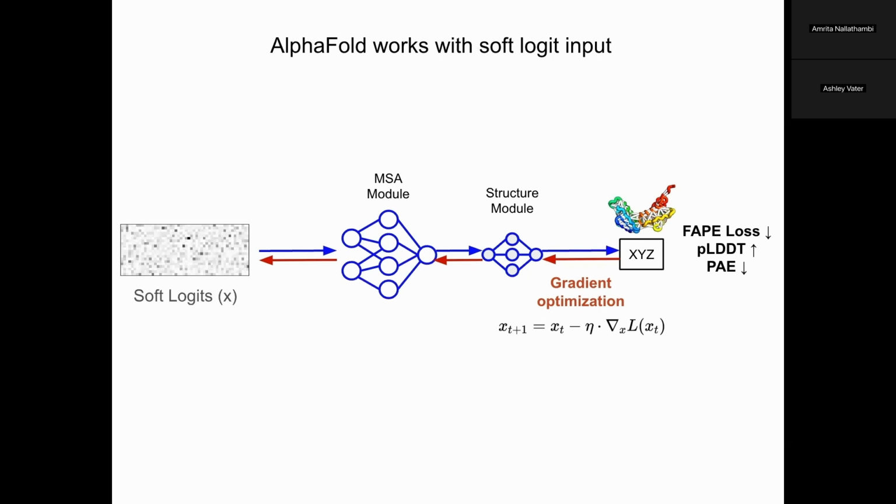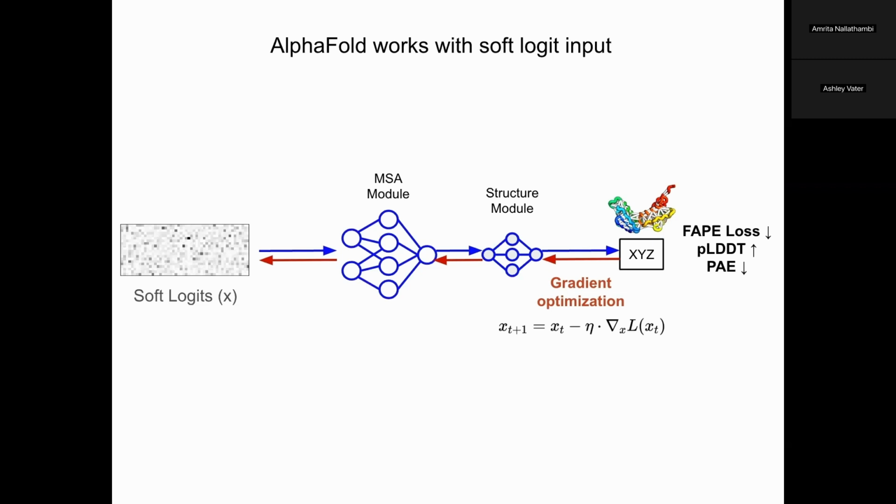Because you need to set each single position to be 1 if you choose that amino acid, but set it to be 0 if you're not going to choose that amino acid. So if you backpropagate through the one-hot encoded sequences, it will be very unstable, because if you change several positions together, it will predict a completely different structure and the loss will fluctuate.